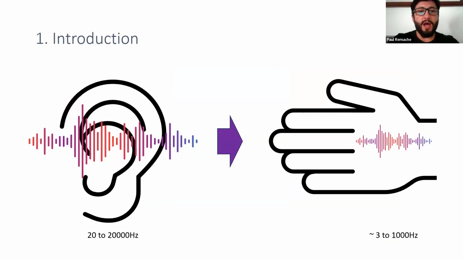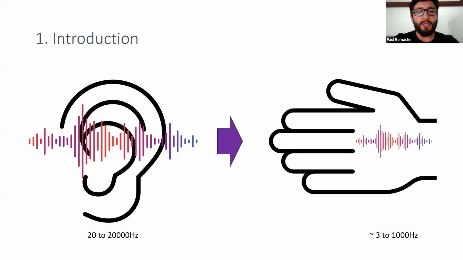So what is our approach? The problem with vibrotactile feedback, and specifically with music, is that we usually hear sounds in a quite wide frequency range, which is from 20 hertz up to 20,000 hertz.